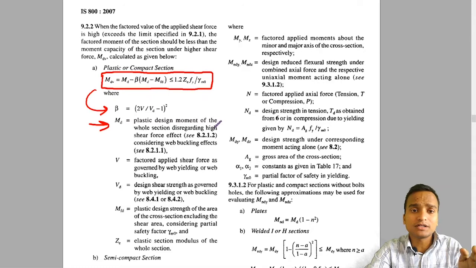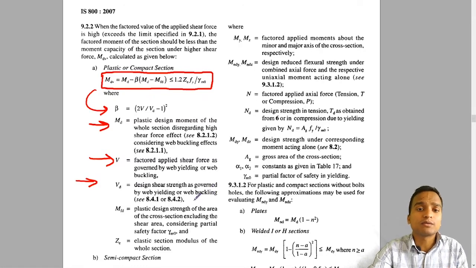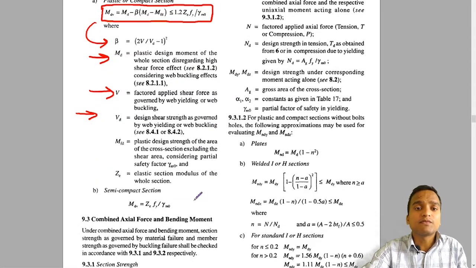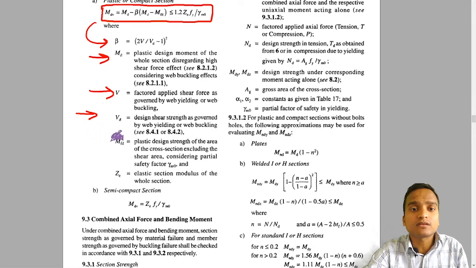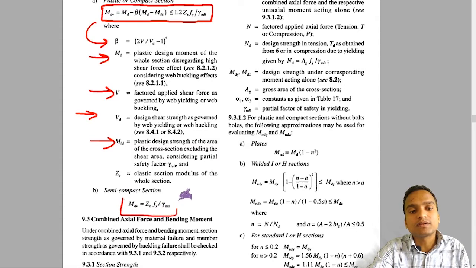We have calculated MD in case of low shear, and that value is used here, and V is the factored shear force for the external loadings, and VD is the design shear strength as governed by web shear buckling, and MFD is the plastic design strength of the area of cross section excluding the shear area and considering partial safety factor gamma MO, and ZE is the elastic section modulus. And for semi-compact section, MdV is given by this formula, ZE into Fy by gamma MO.